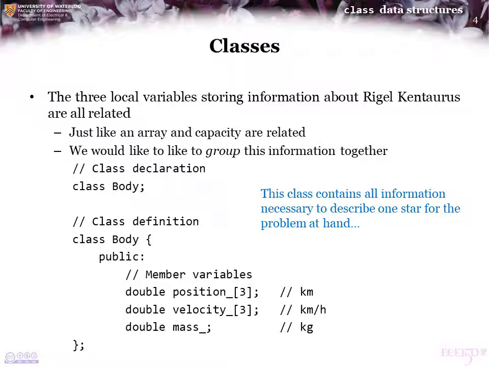None of this information is necessary because it is not necessary for the problem we're trying to solve. We're only creating a class that stores the information that we require right now. Each of these three variables in the class body are defined as member variables. They are member variables of the class body.